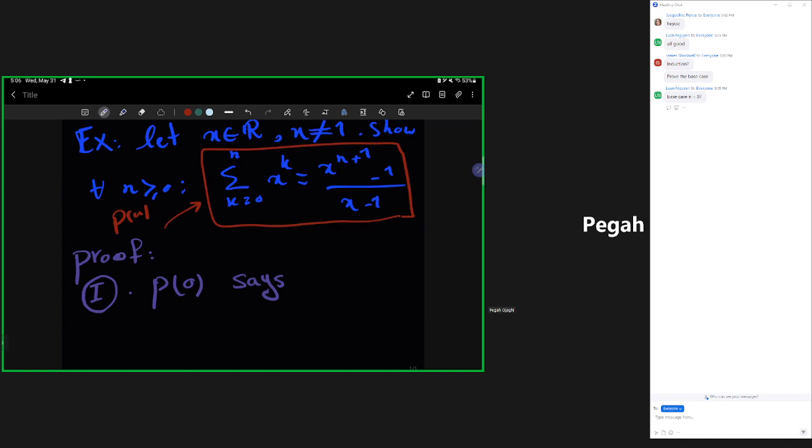So P0 says that this is the sum over k from 0 of xk, and this is going to be x0.